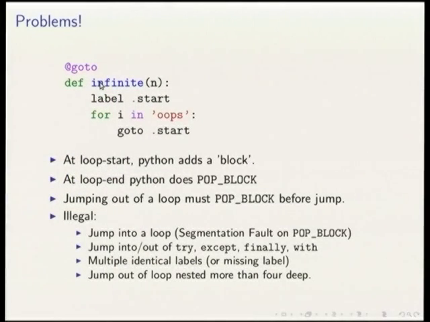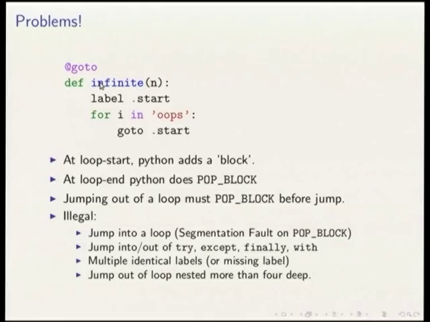There's a few problems with this though. So consider this snippet of code here. We jump out of the loop. Now, it happens that in Python, when you start a loop, it puts a block on an internal stack. And if you, in that loop, go into another loop, it puts another block. And when the loop's finished, it pops these blocks.